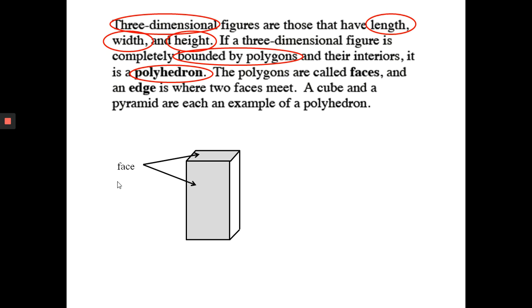Okay, so the front rectangle is a face, and the top rectangle is a face, as well as all the other rectangles all the way around. And now the edge, see, here's the edge where those 2 faces meet, and that edge is a line segment, as well as all the other edges here. Okay, so that's basically the parts of a polyhedron.